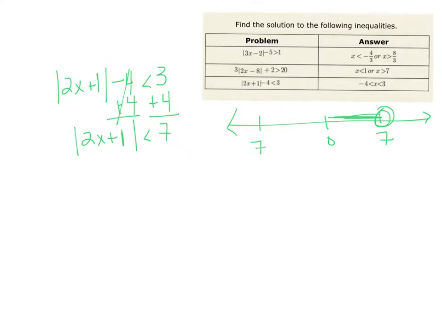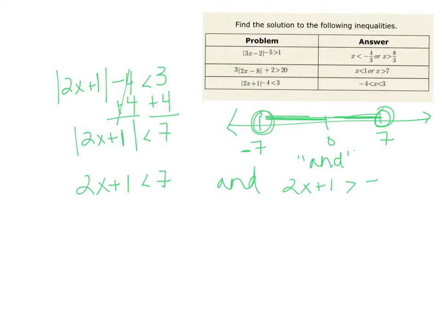But it also means when I'm looking in the negatives here, I want anything that would work this way. So that's why I'm going to get an AND situation in this inequality. So 2x plus 1 is going to be less than 7, and 2x plus 1 needs to be greater than a negative 7.